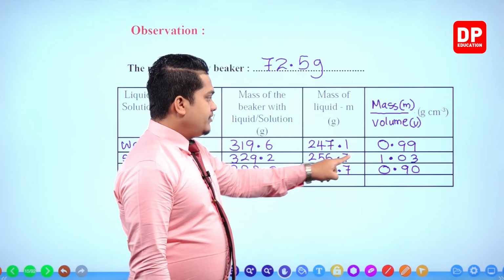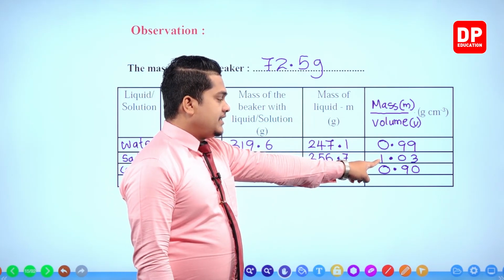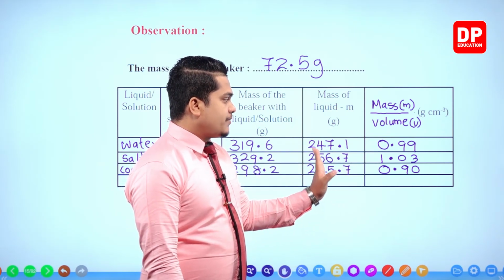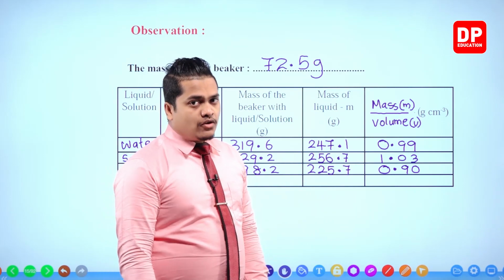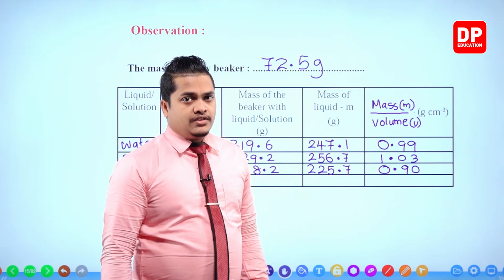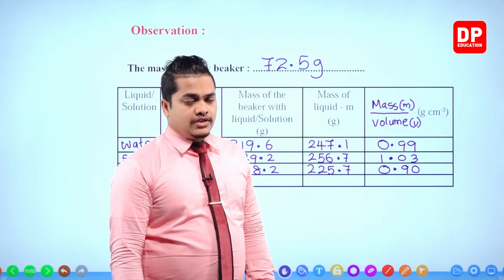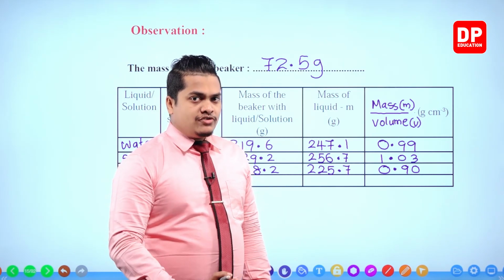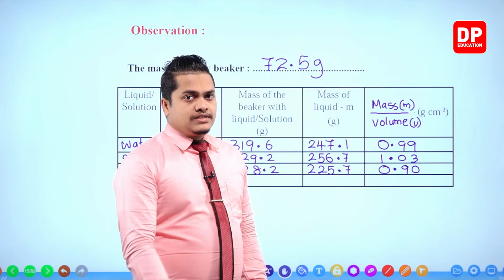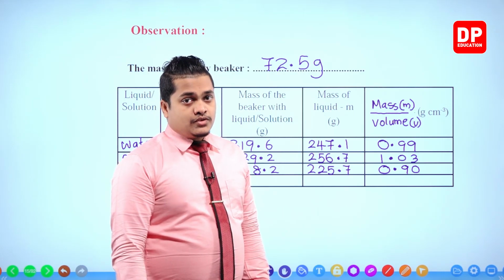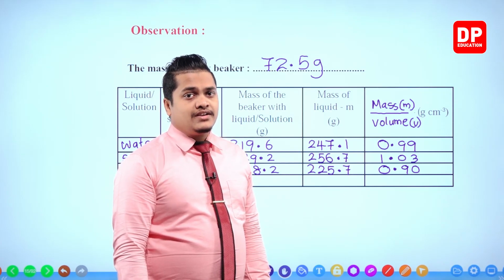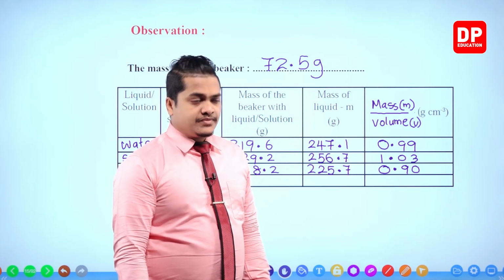Here, we can clearly observe the density in the earlier case was 0.99, but now it has changed up to 1.03. It's because of the salt contained within the solution. So the density of pure substances changes when dissolving certain substances in them. That's why I told you that density can be used to identify pure and non-pure substances, my dear children.